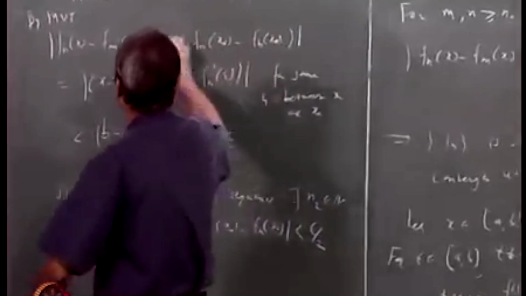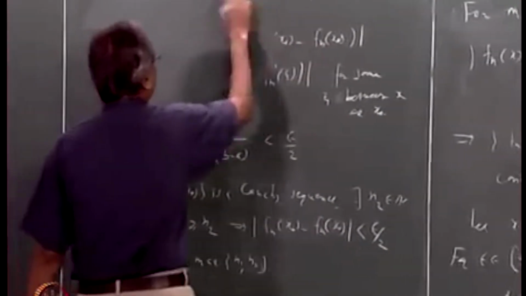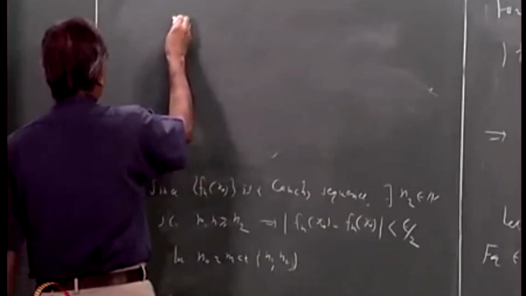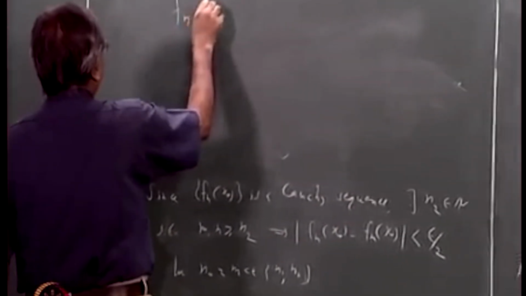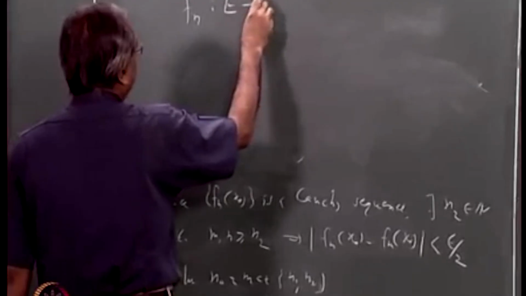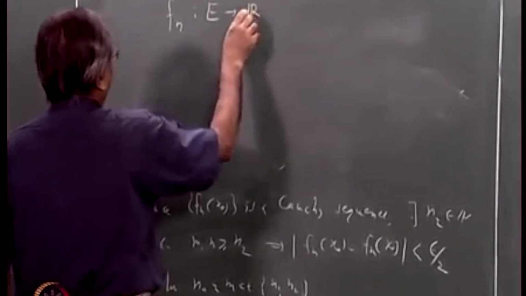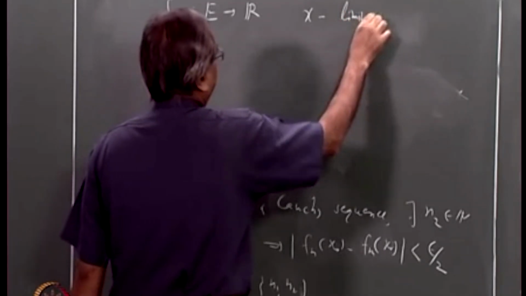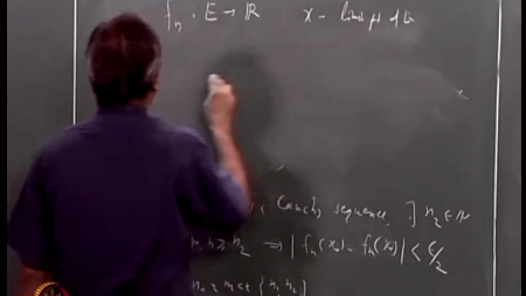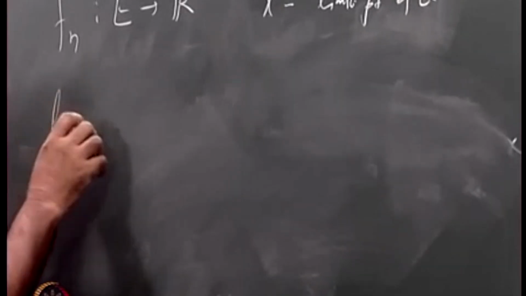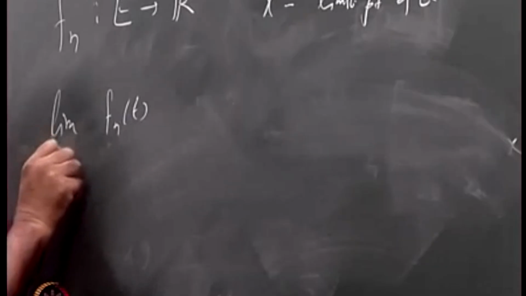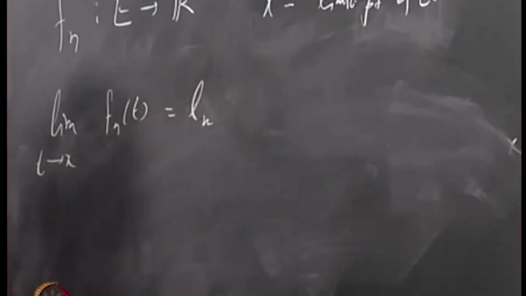Let me remind you of that theorem once again in case you have forgotten. Even before proving the theorem about the quadratic, we had taken functions fn from E to R, and x was a limit point of E. We had taken the limit of fn(t) as t tends to x, and called these numbers ln.